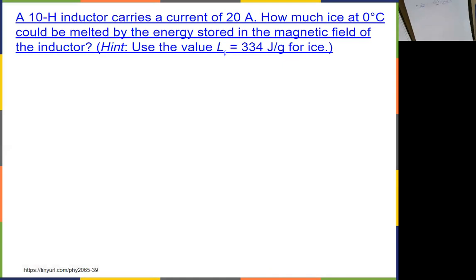Let's take a look at the example here. It says a 10 Henry inductor carries a current of 20 amps. How much ice at 0 degrees can be melted by the energy stored in the magnetic field of the inductor? Use the latent heat of fusion as 334 joules per gram for ice.